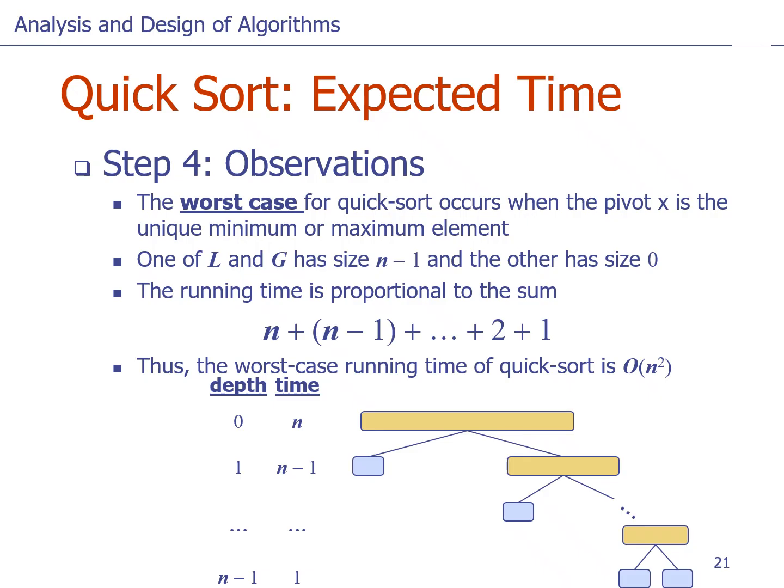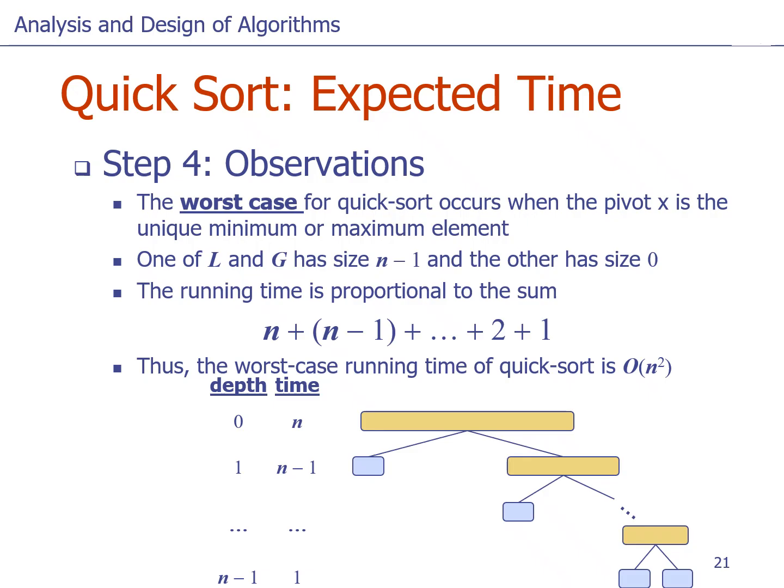Similarly, if you pick the rightmost element and you get a sequence of increasing values or decreasing values, again you're going to have L full, or decreased by 1, and G is empty, or depending on whether you have an increasing or decreasing sequence of values in the array that you're starting with, you will have the reverse, where L is empty and G is full, or has n minus 1.